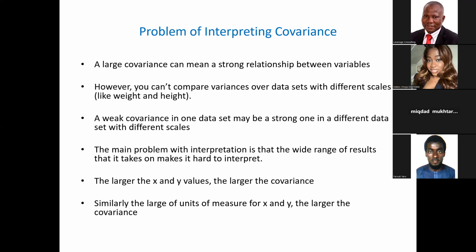Those ones give you big values because that is the nature of the figure. So now, the larger the x and y values, the larger the covariance. Similarly, the larger the unit of measurement of x and y, the larger the covariance.